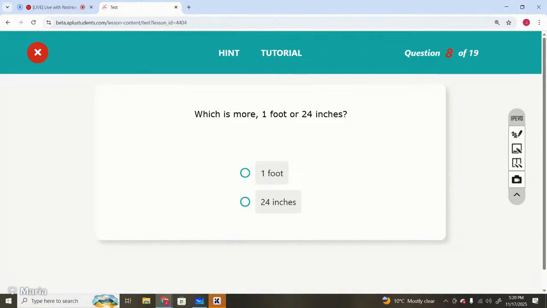So 24 inches is more than 1 foot. That is 24 inches.